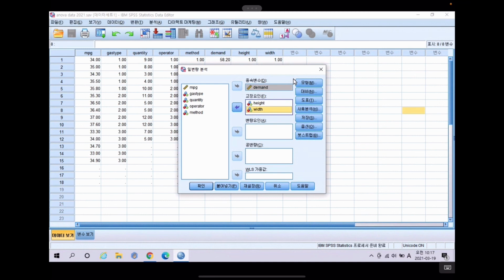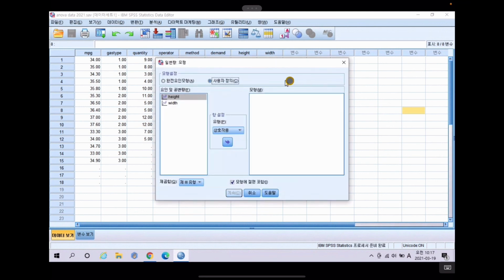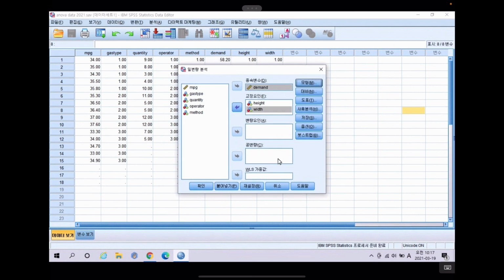And then you go to the model here. You need to specify the model. In this case, we need to have an interaction effect, so you select the complete model. Complete model means you have the interaction effect. And then you continue.